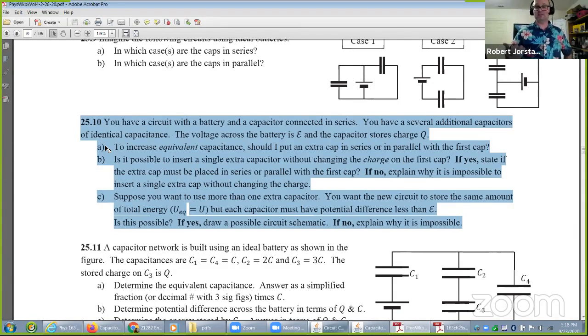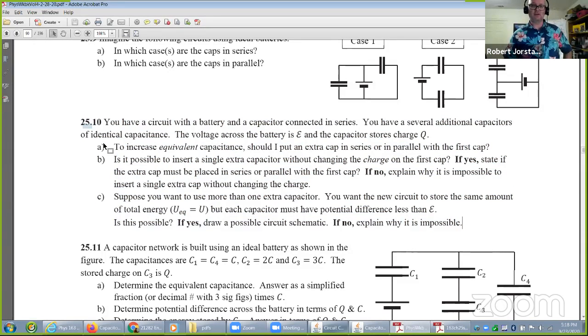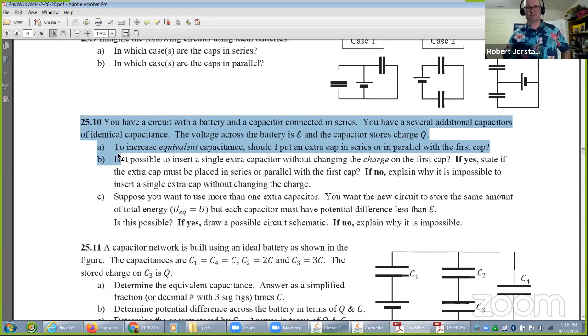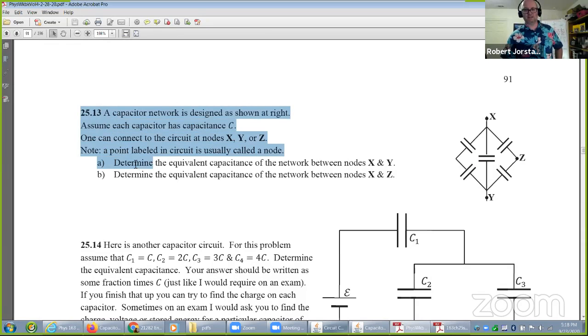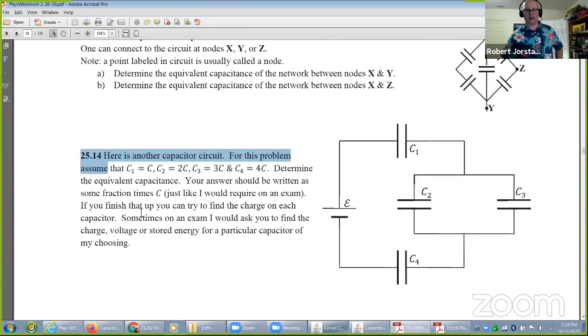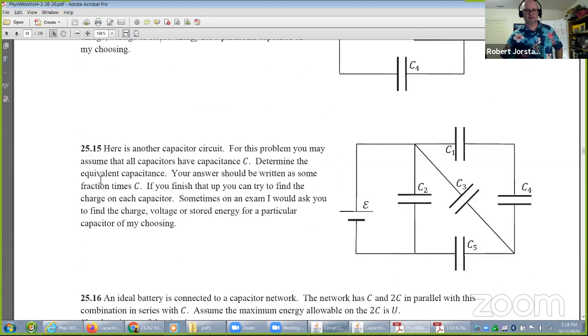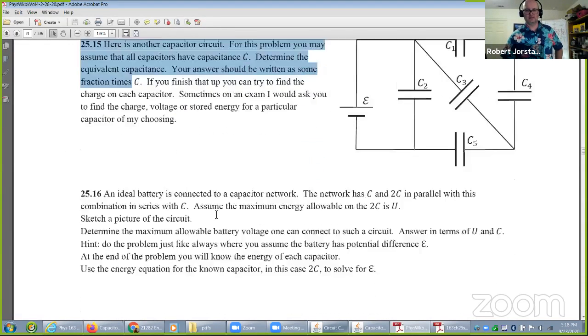Maybe even talk to a friend with that one and discuss what you think it should be without looking at the solutions, okay? And then go look at it, and maybe you'll learn something. So that's what 25.10 is about. I'll skip that one. Great problem for dealing with the angles. Just more practice.